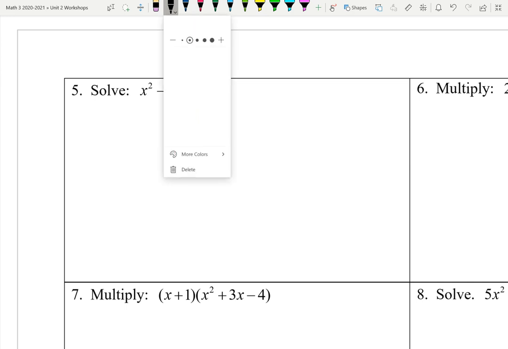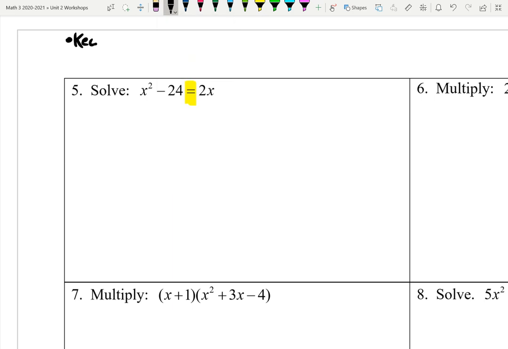So some things to keep in mind is the first is keep a positive. What I mean by that, since a is currently positive 1, the number in front of the x squared, I'm going to go ahead and move this minus 2x to the left side using inverses.